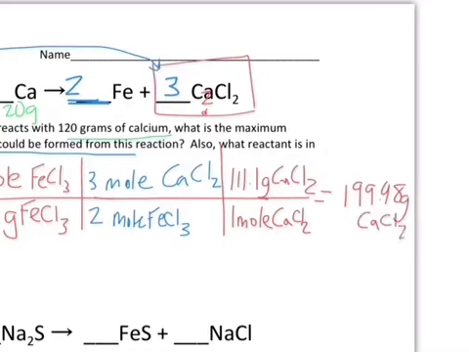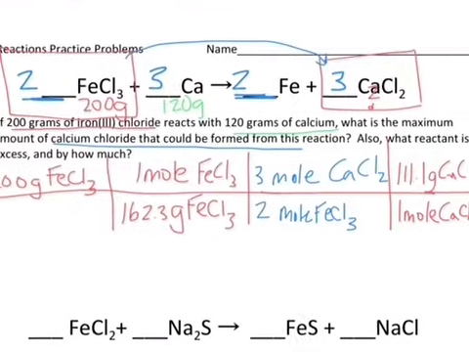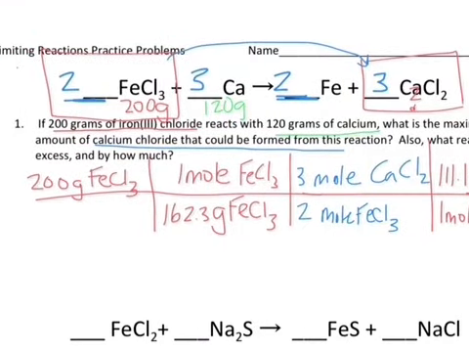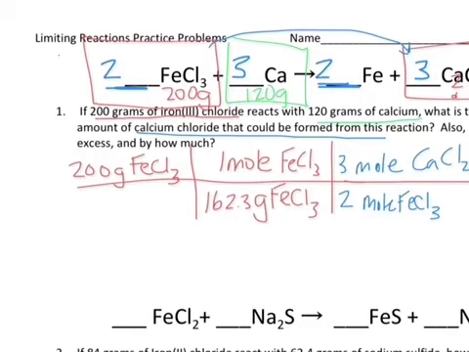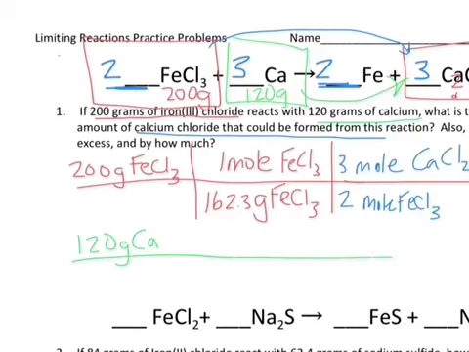Alright, what about my other side here? What about the calcium? If I have 120 grams of calcium, how much of that same product can I make? Which one's going to run out first? And again, we've got to do another stoichiometry problem.